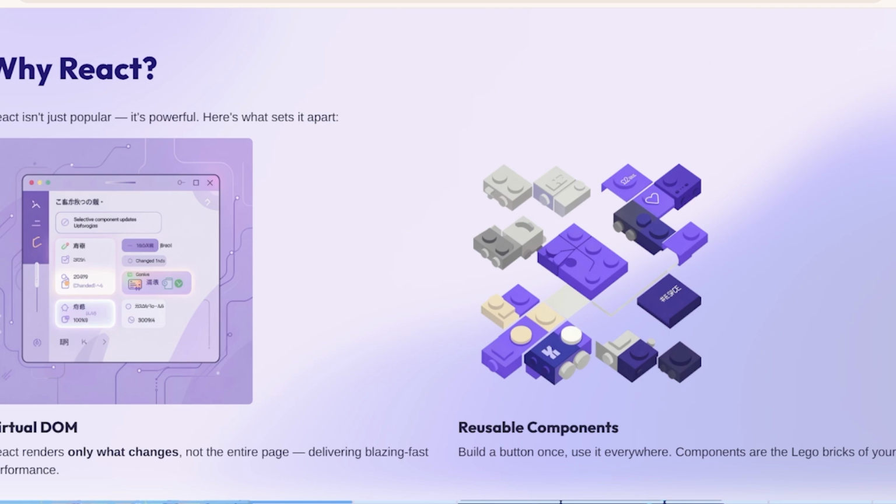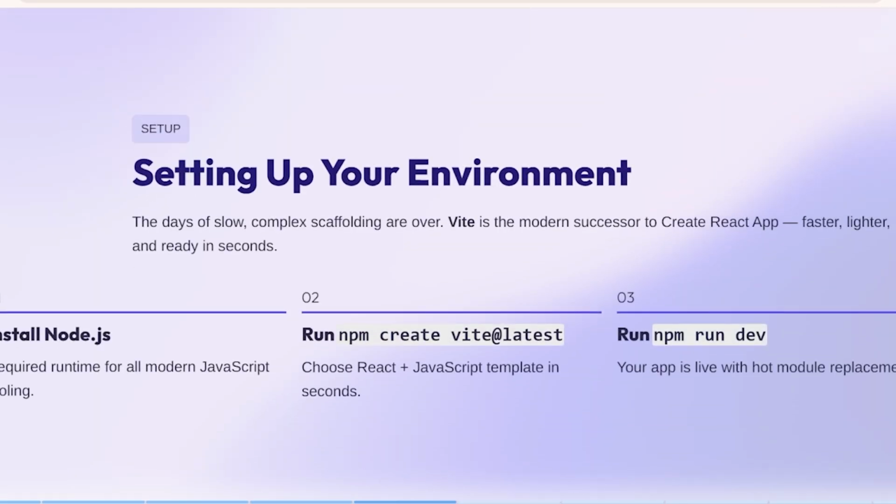And then, setting up your environment. Okay, now guys, we can create a React app. In normal HTML, CSS, JavaScript, we create files and open VS Code. You can create file names like index.js, script.js, style.css.